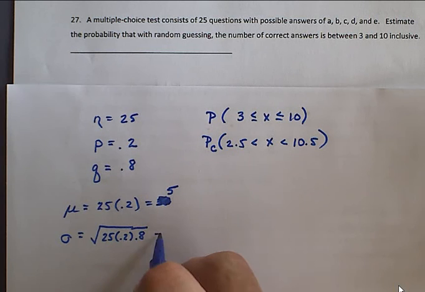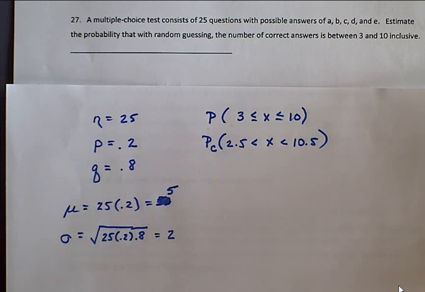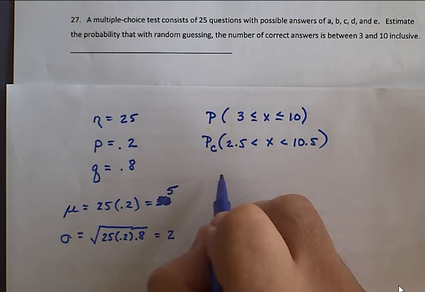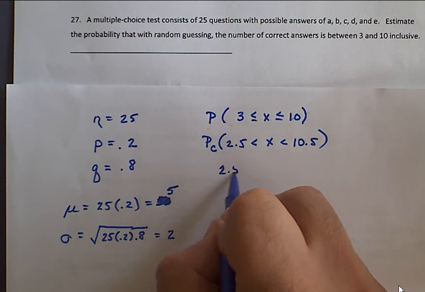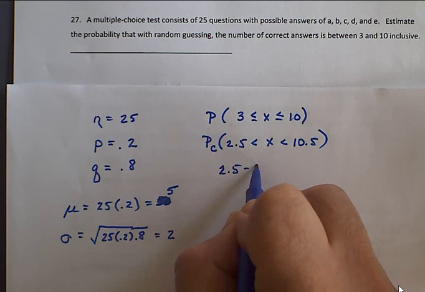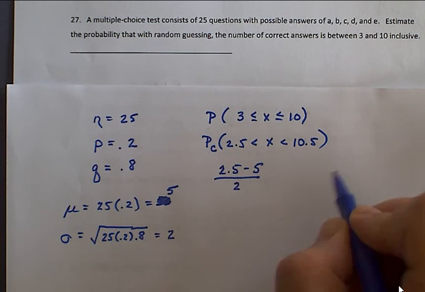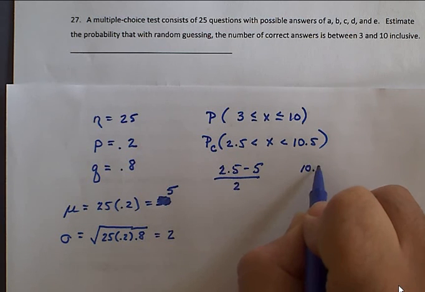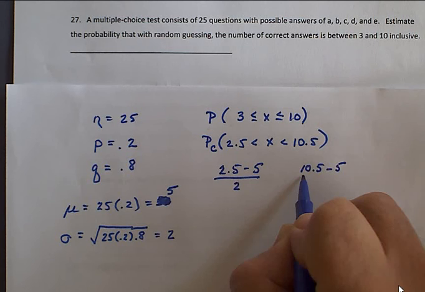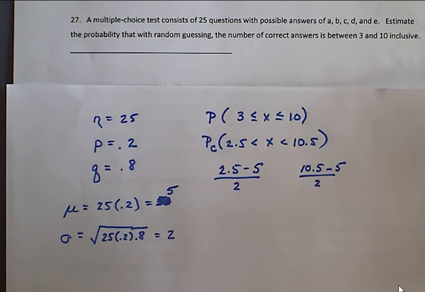So I'm going to take 2.5 minus 5 divided by 2, and 10.5 minus 5 divided by 2. That's just to find my two z-scores. And then since this is a between problem, I'm going to look up the probabilities and subtract them.